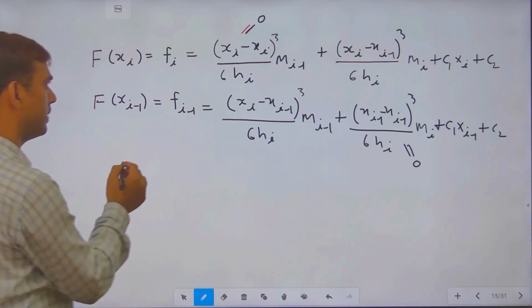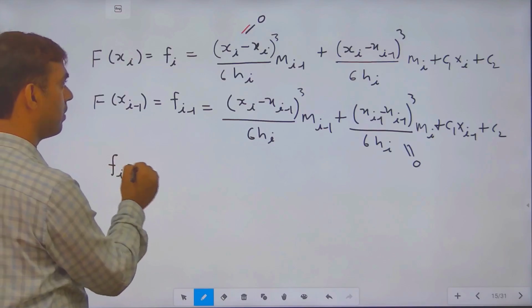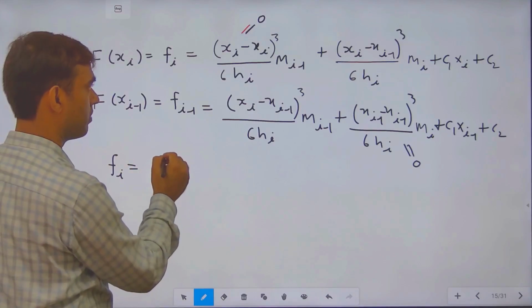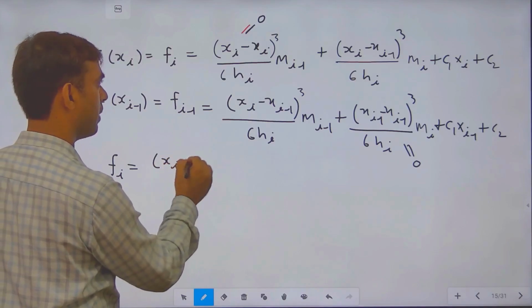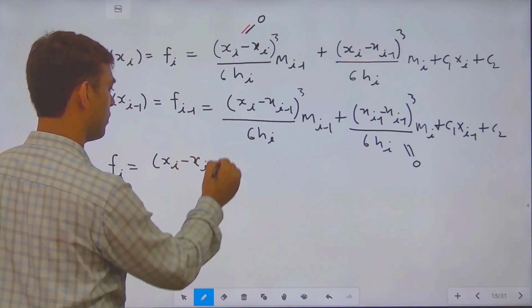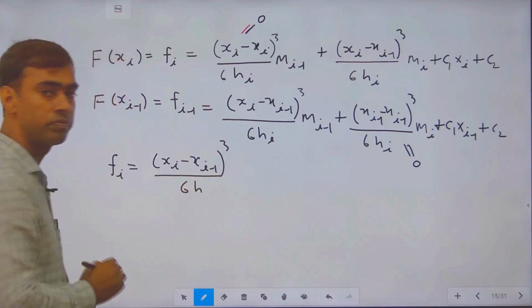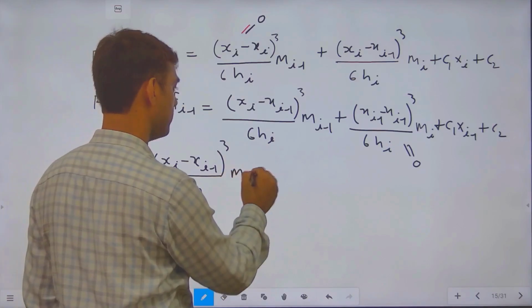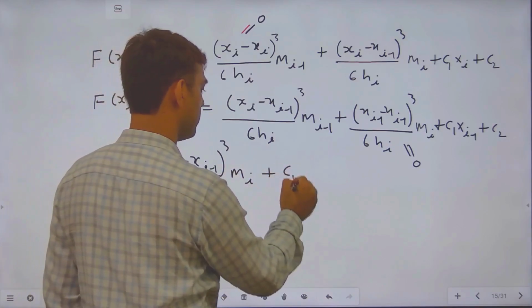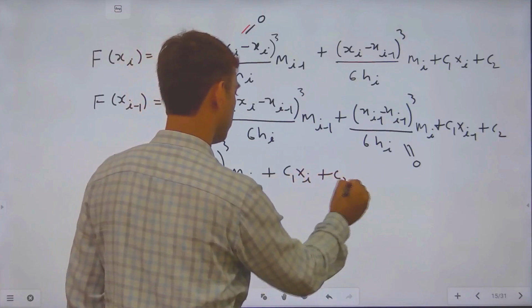So what is the simplified form of the equations? F_i equals, first equation, (x_i minus x_{i-1}) whole cube divided by 6h_i times M_i, plus c1 x_i plus c2.